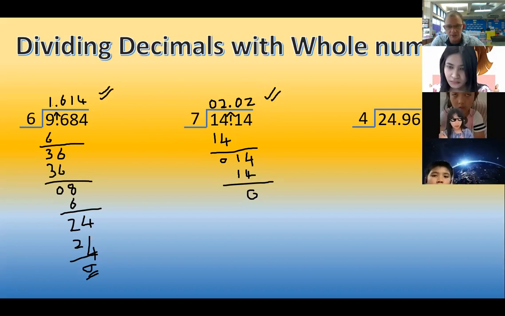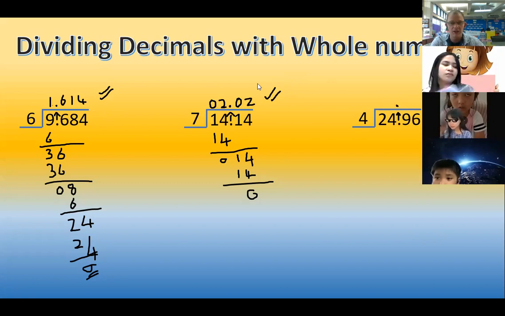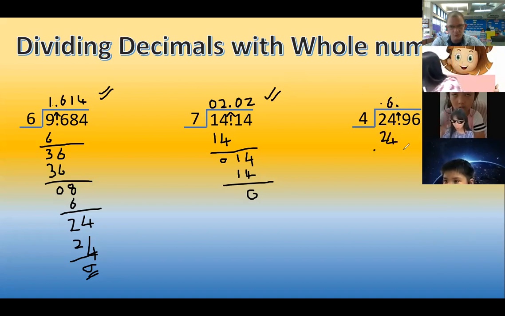Very easy, very happy. A lot of smiles, okay. Let's go again. Remember, add back our decimal point so we know where it should be. 4 divided by 2, cannot, so 0. 4 divided by 24: 6 times 4 equals 24.